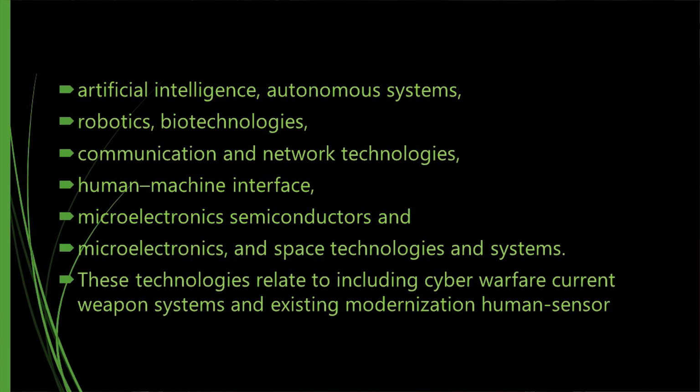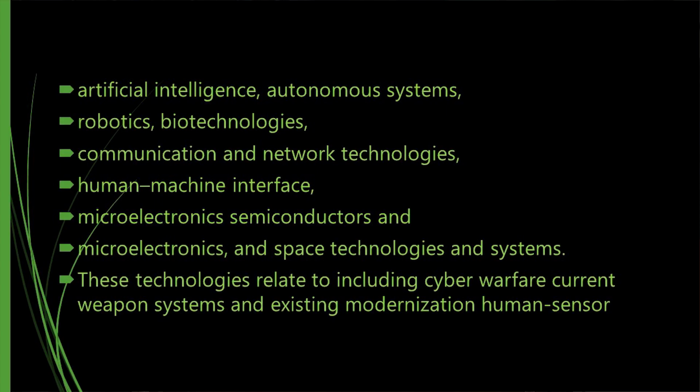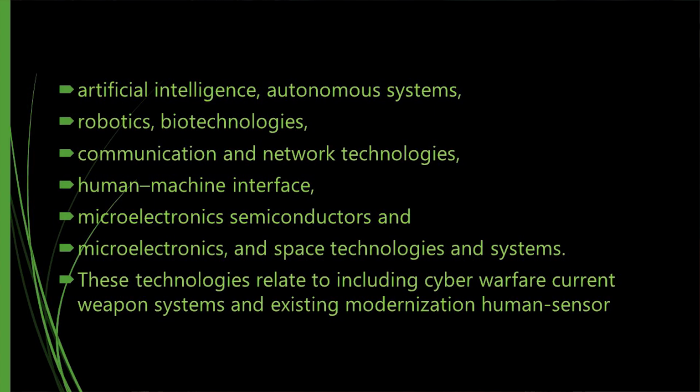Let's see. Artificial intelligence, autonomous systems, robotics, biotechnologies, communication and networking technologies. These are the things after which advanced countries are going. Human-machine interface, oh, this is very important, and microelectronics, semiconductors, and space technologies and systems.